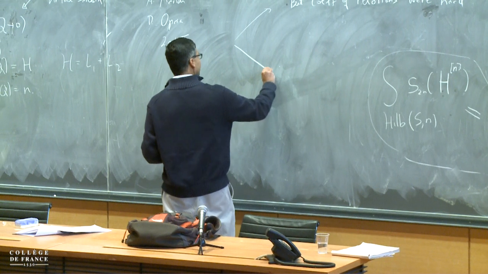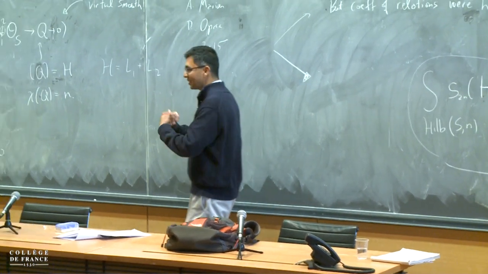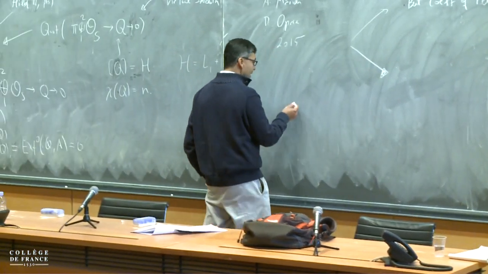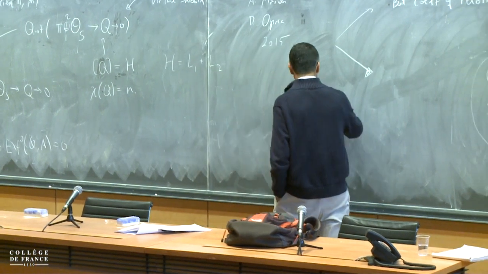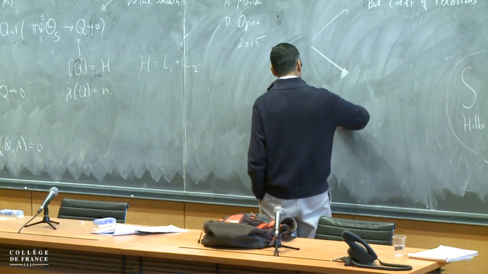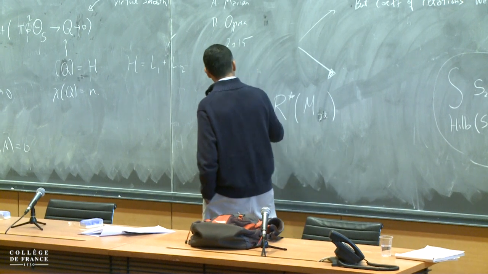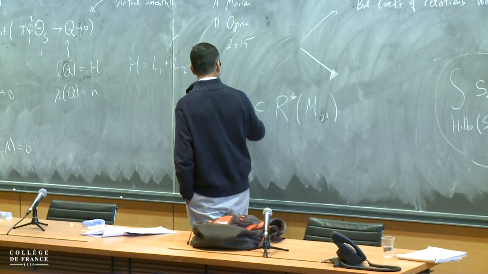What comes out that's more relevant to the path of this lecture is that it became clear from looking at these equations that this entire tautological ring, the one that I defined, is actually much simpler than it looks. There's a certain subring, which we call the Noether-Lefschetz subring.